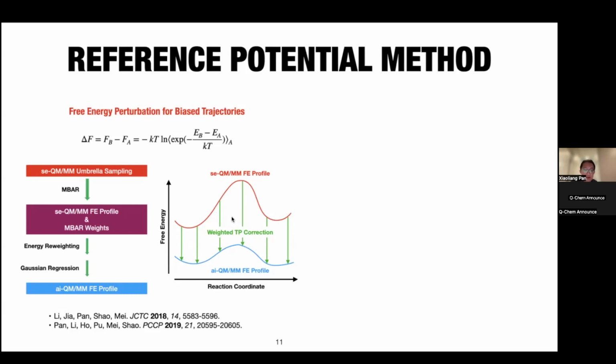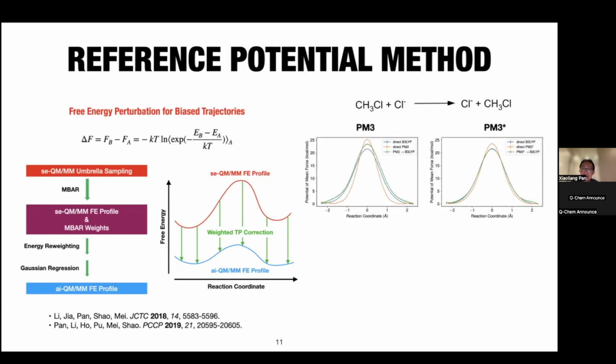For this, we can use QMHub to do single point calculations at two levels. Then this can recover the high level energy function without really using the high level energy function to run sampling. And also this type of correction can benefit from a good overlap of the two level theories.